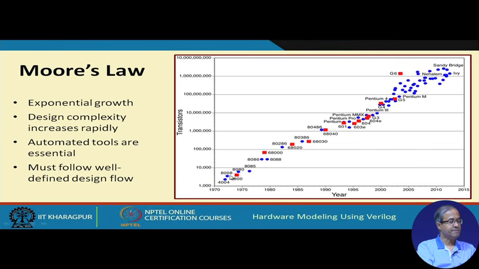You can see there is a straight line kind of behavior which indicates exponential growth, and here the blue dots refer to the processors which are manufactured by the processor major Intel Corporation. Okay. The red dots are the processors manufactured by some other companies. So, Moore's law, as you can see, has continued to hold, and this trend is still a straight line behavior, which indicates exponential growth over the years.